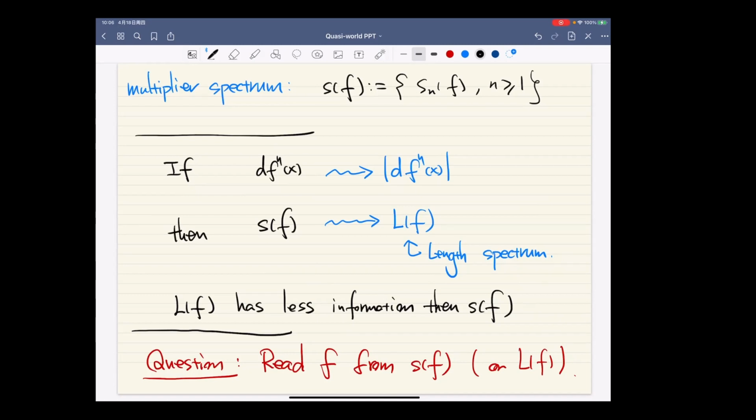This length spectrum is also invariant under conjugation. But we see that the length spectrum has less information than the multiplier spectrum. So the main question in our talk is the following. We want to recover f from the information of S(f), the multiplier spectrum, or L(f), the length spectrum.